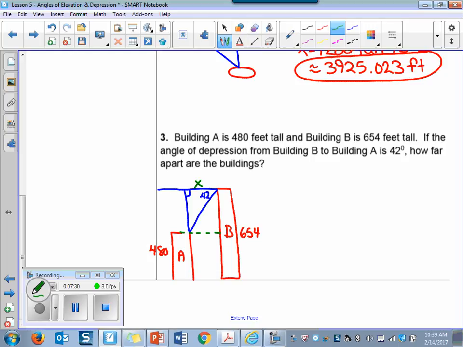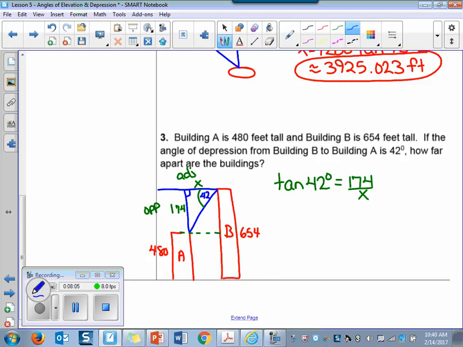I also need to know this distance. There's a difference in the heights. So 654 minus 480, this piece of the triangle is 174 feet. I have opposite and adjacent again. And before you ask, no, they are not all tangent. That just happens to be the first three example problems I picked. Tangent of 42 degrees equals 174 over x.